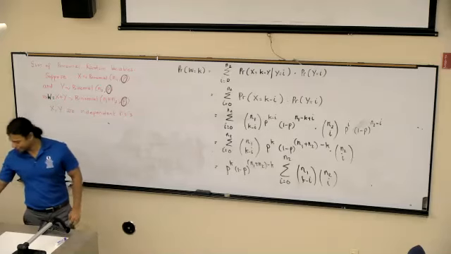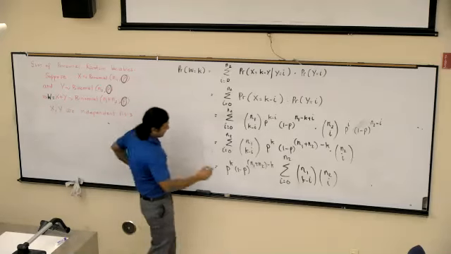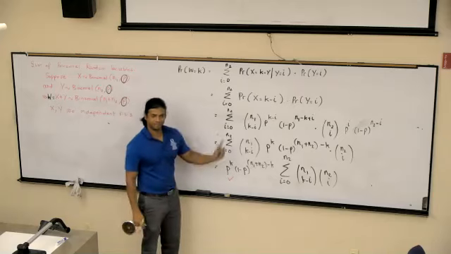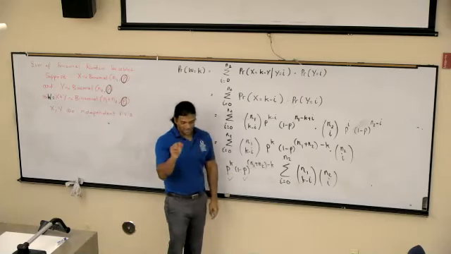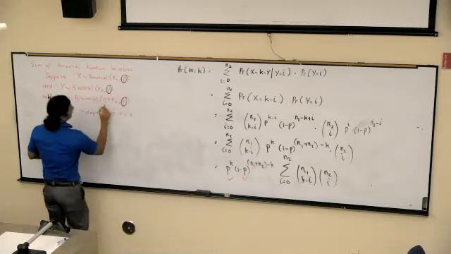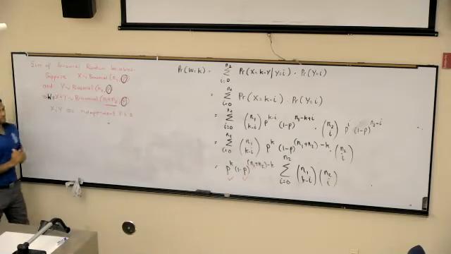We got part of it, right? Typical p raised k matches. 1 minus p raised n minus k over here, that matches. But then I've got that sum. That doesn't look like n choose anything. How can we simplify that?